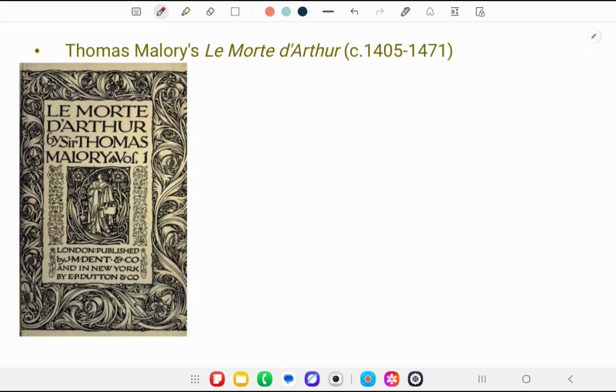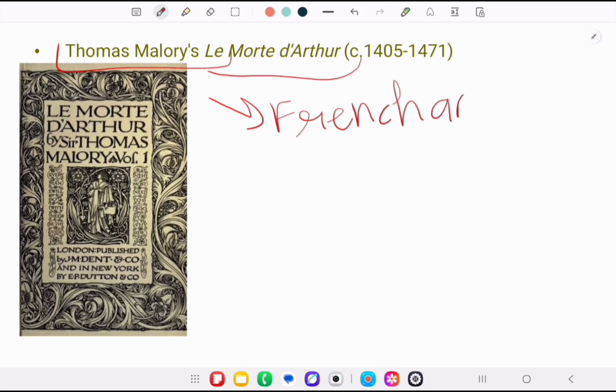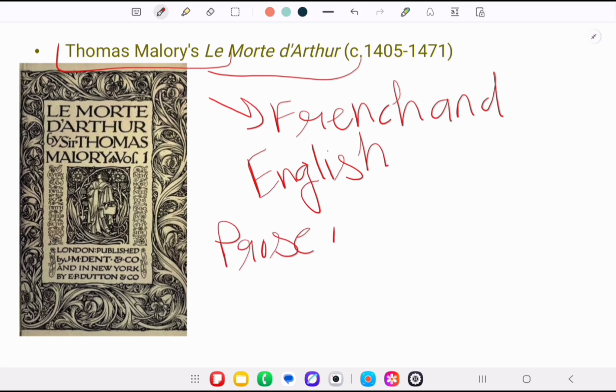First one is Thomas Malory, compiler of Le Morte d'Arthur, which brings together French and English Arthurian legends into a cohesive major prose work.